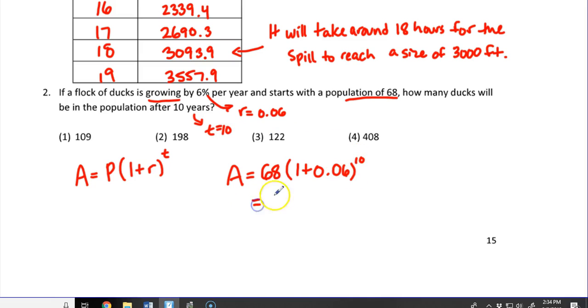So I could also just write this as 68 times 1.06 raised to the 10th power. Again, put that in your calculator. If you have a scientific calculator, you can still do 1.06 to the 10th power. You probably can do that on your phone. Then times 68. And that's going to get you 121.778 ducks, which is pretty close to 122 ducks.